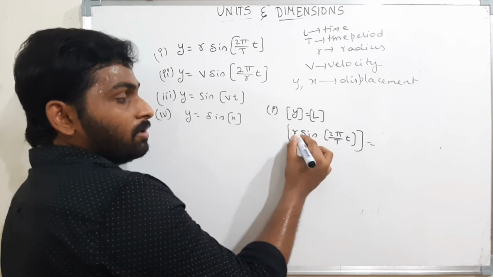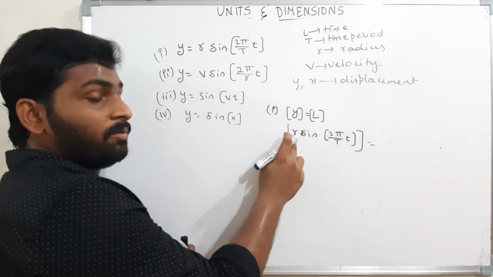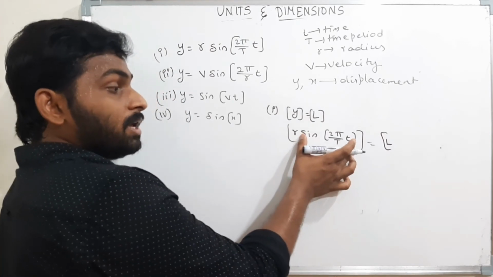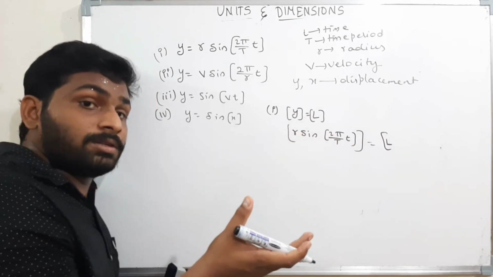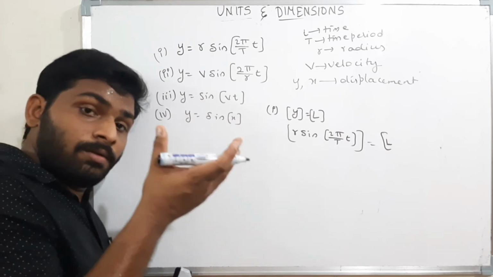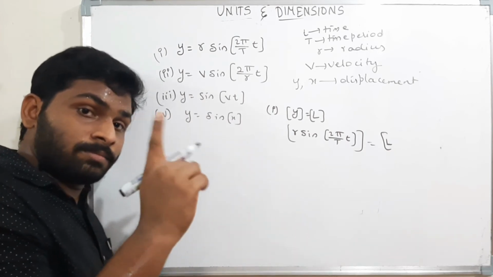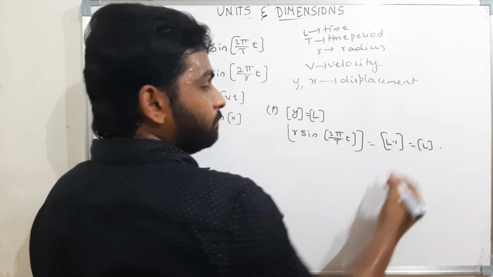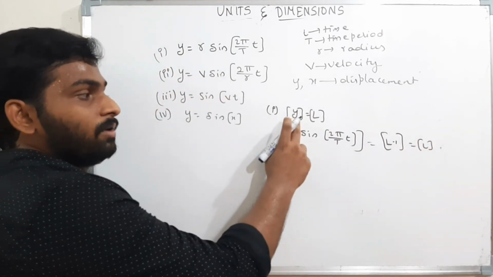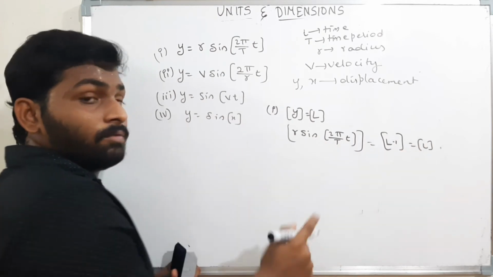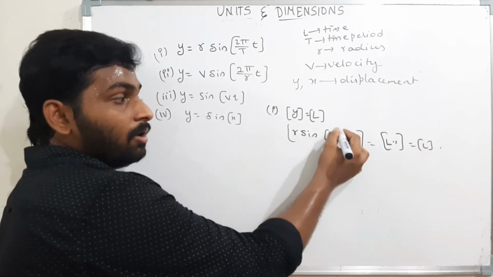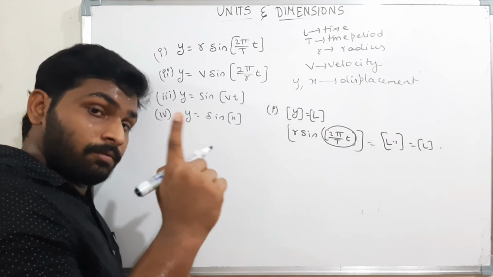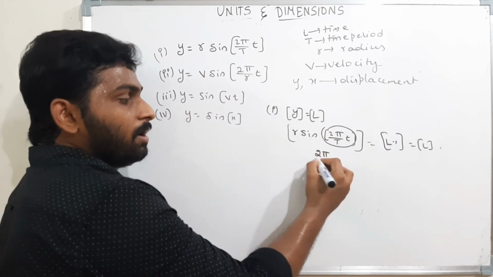Now see. What is R? R is nothing but radius. Therefore the dimension formula for R is L. Now what is sine? The dimension formula for a trigonometric function is a constant, always 1. Therefore L into 1 is L. LHS y is L and RHS is L. One more thing I have to satisfy: the angle inside the sine must have dimension 1. The angle is 2 pi by T into small t.